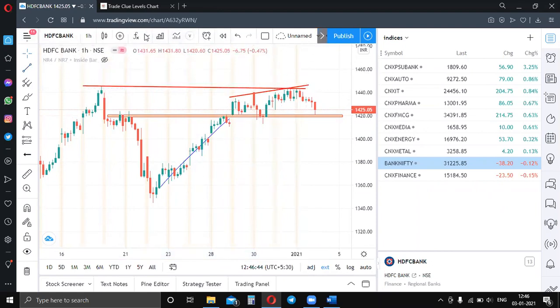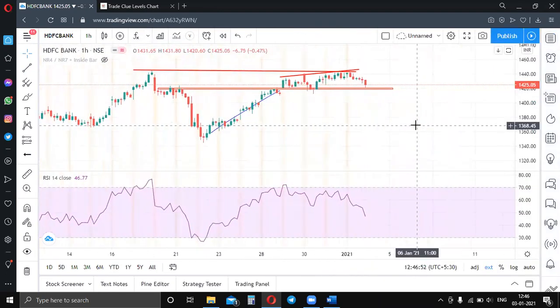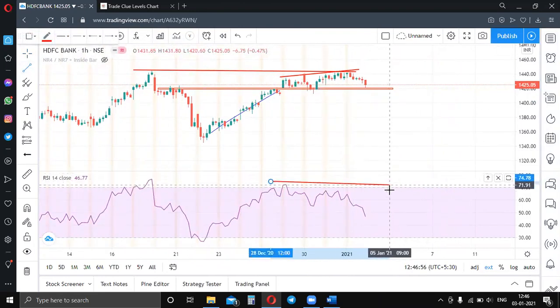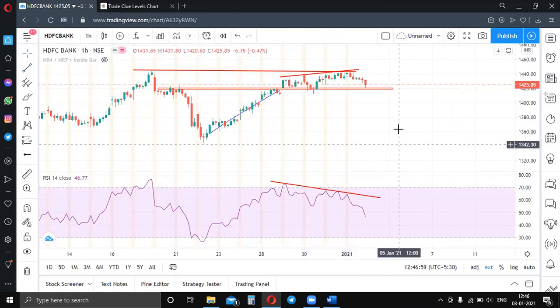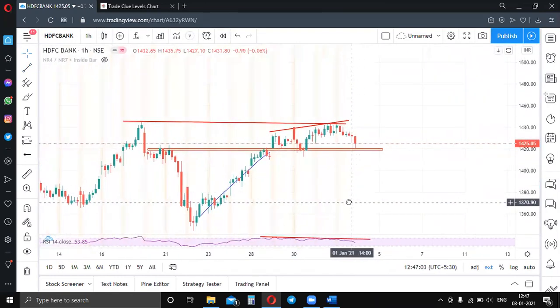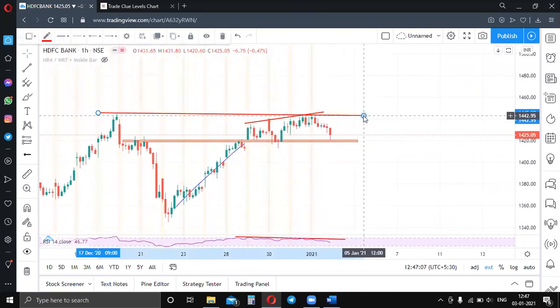One thing that I have observed along with this is there is a divergence as well. If you see over here, there is a divergence on HDFC Bank. Now, if tomorrow I want to buy Bank Nifty, I want a clear confirmation on the chart that the stock is breaching this 1445 hurdle.